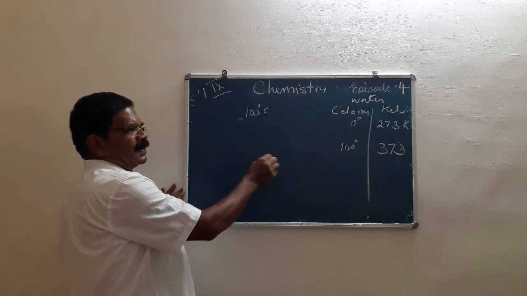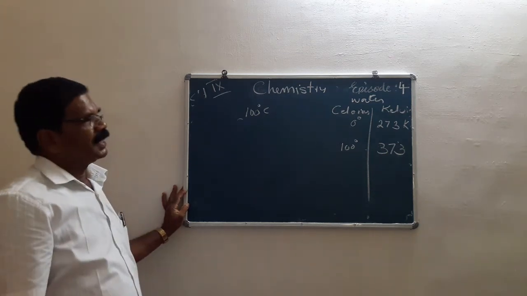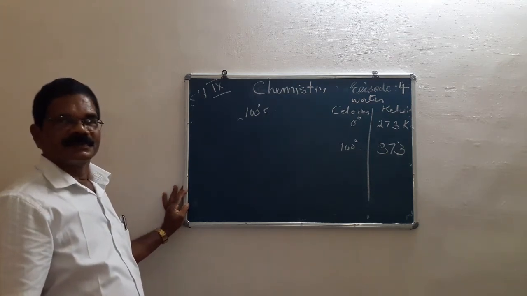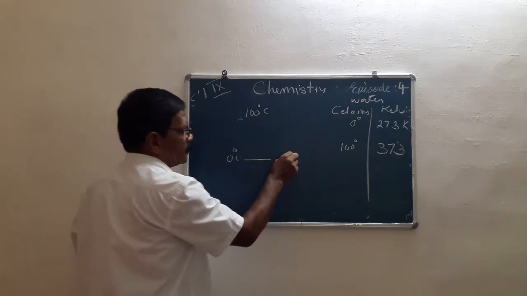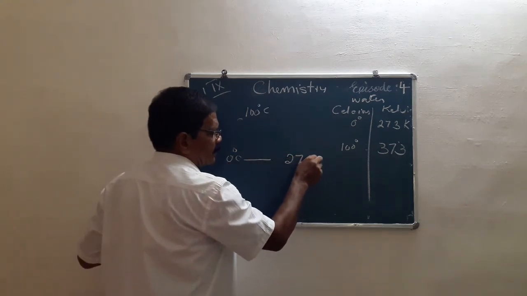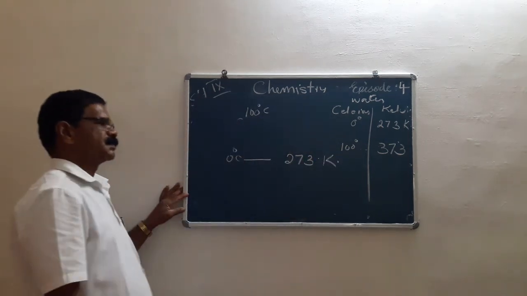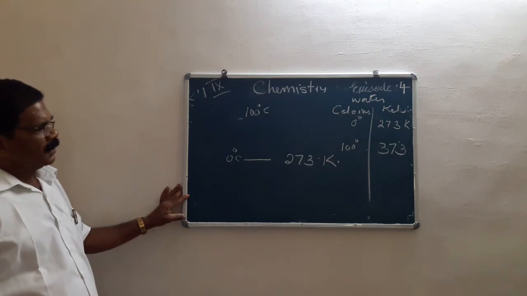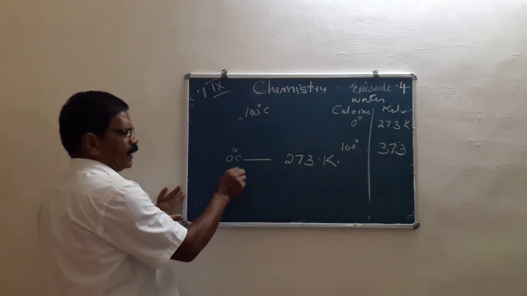You have to convert degrees Celsius to the Kelvin scale. That is, 0 degrees Celsius is equal to 273 K. The normal room temperature is 30 degrees centigrade.